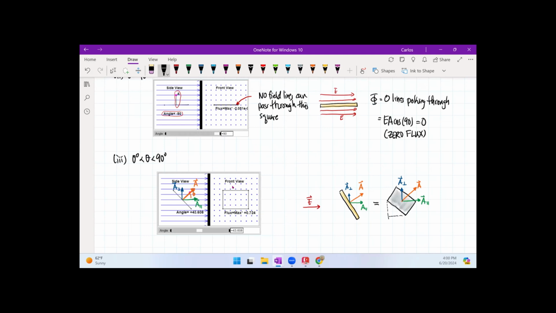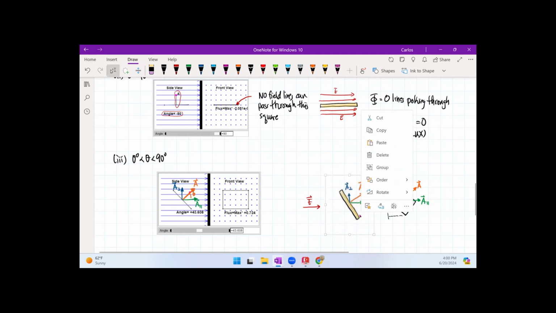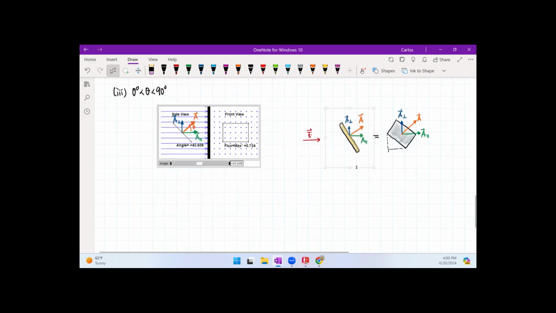But now we're talking about, what am I seeing here? Well, when I look at the electric field, note that the electric field is coming in. You know what? I think I'm going to redraw this picture because I spent time with the areas. So I'm going to copy this and bring it down. And the only thing I care about is the normal vector.